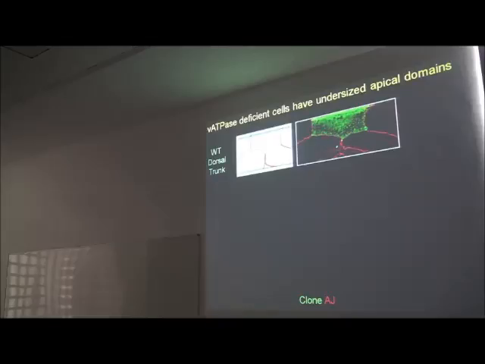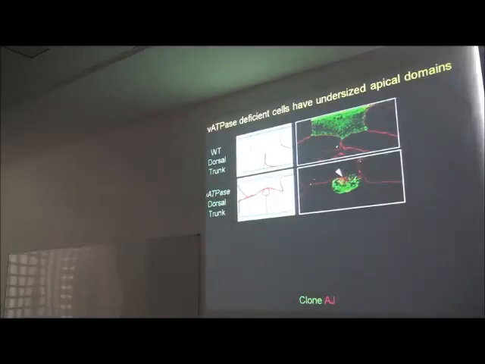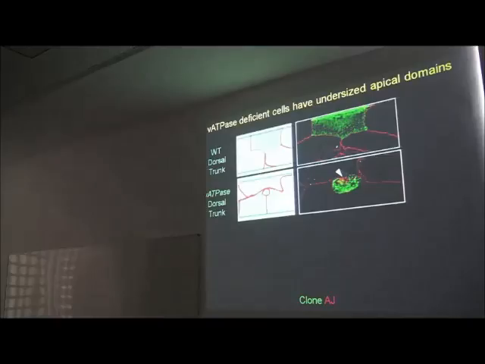So the surface between these neighboring cells is the apical membrane.